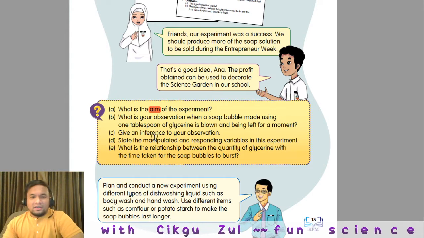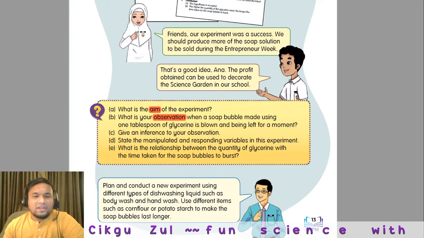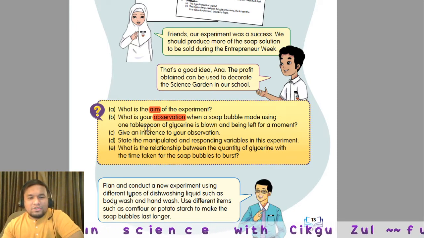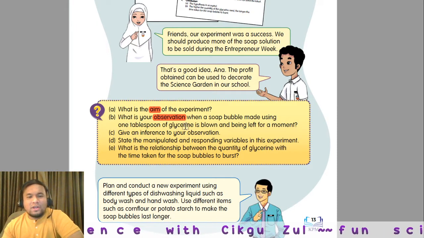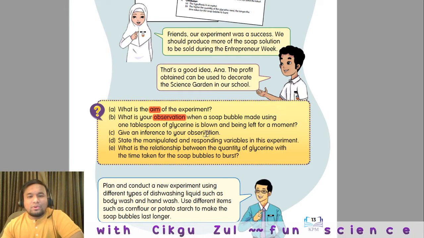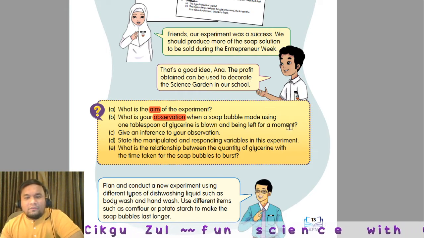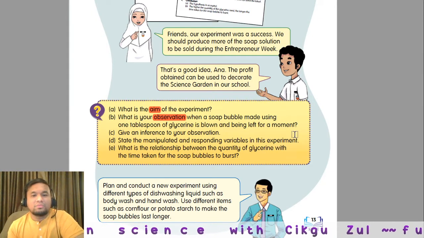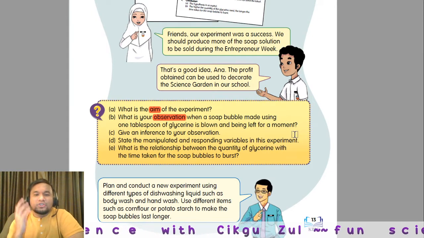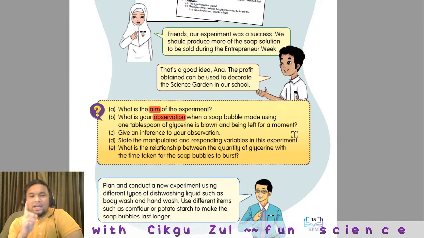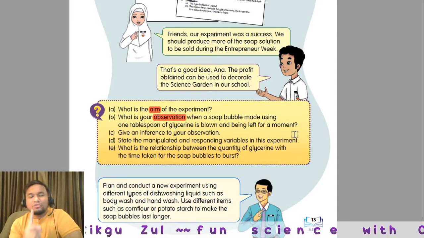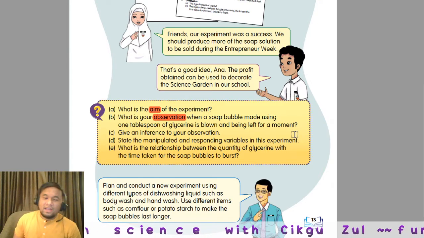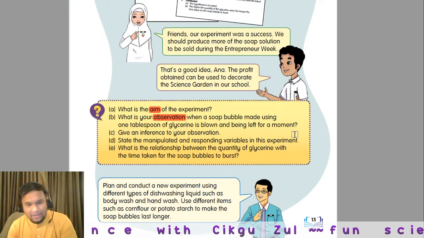Okay, B. What is your observation when a soap bubble made using 1 tablespoon of glycerin is blown and being left for a moment? Apa yang terjadi? Apakah pemerhatian kamu bila soap bubble tu yang guna satu sudu glycerin ditiup dan dibiarkan? Adakah dia bertahan lama ataupun dia bertahan sekejap?